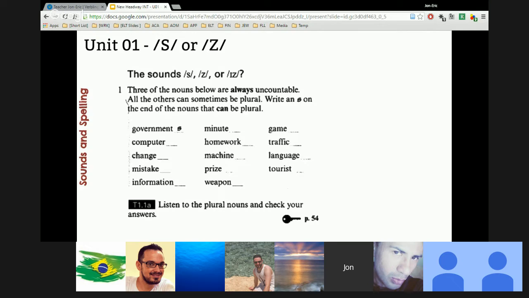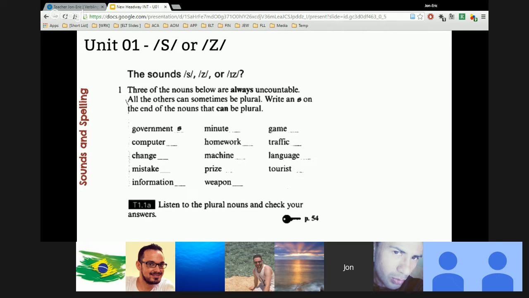Good. So is that the S or the Z sound? S sound. It is. Mistakes. You're absolutely right. Make a mental note which one is S and which one is Z, as we go along, because we're going to work out the rules in just a second.